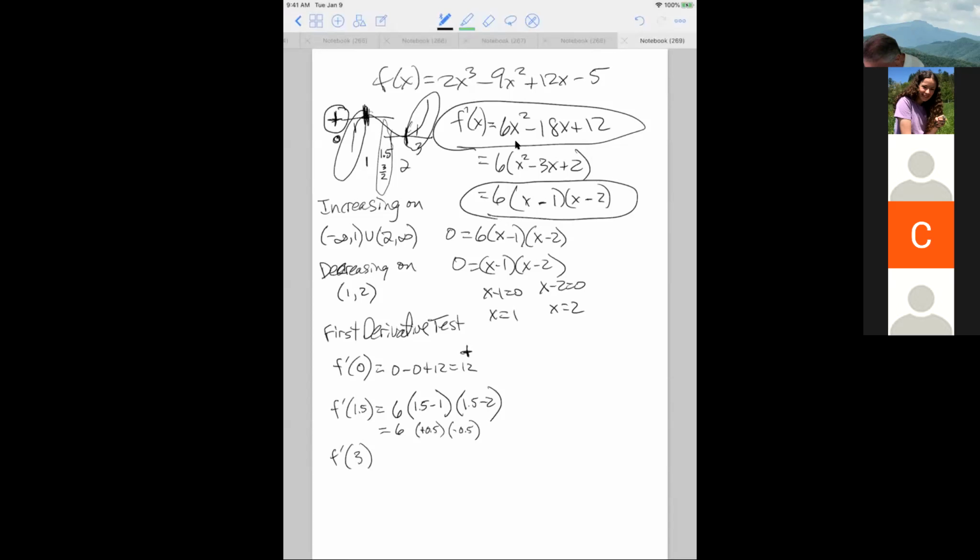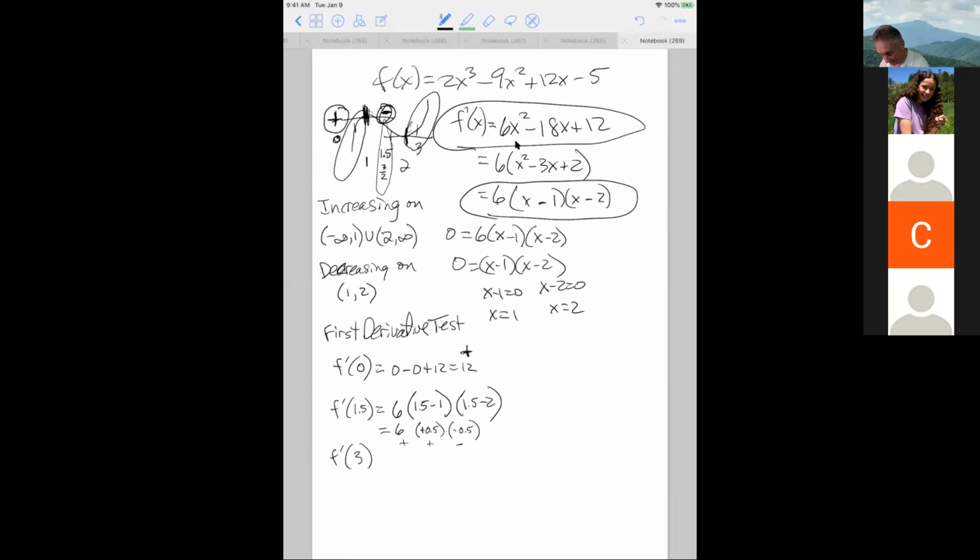I get 6 times 1/2 gives me 3. 3 times negative 1/2 is negative 1.5. But the biggest thing is it's a plus times a plus times a minus. That answer is negative. So in between here is negative, and that confirms what the first derivative test tells us, okay?